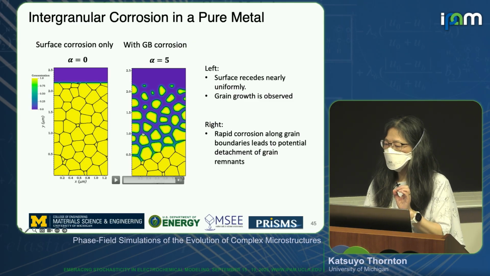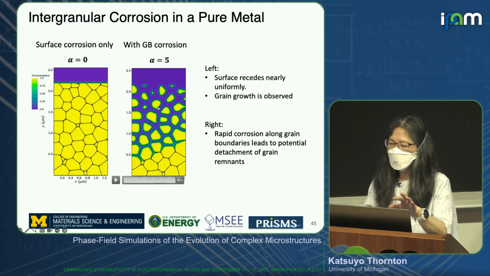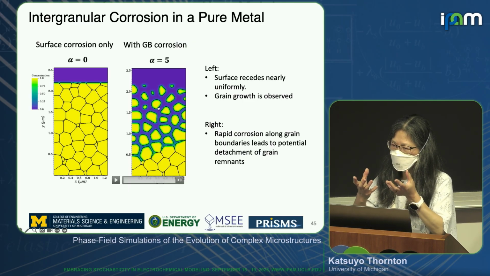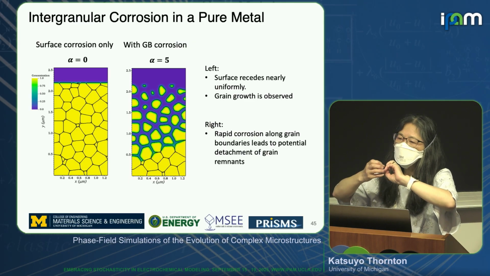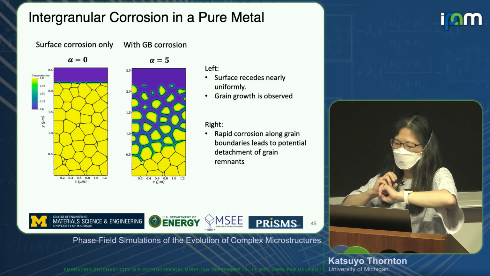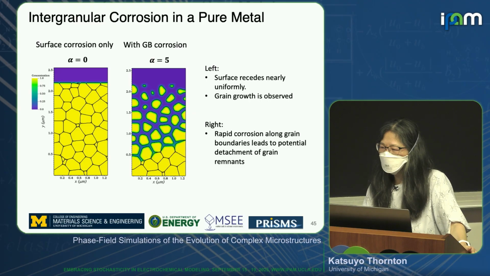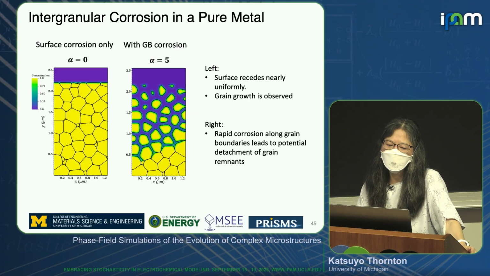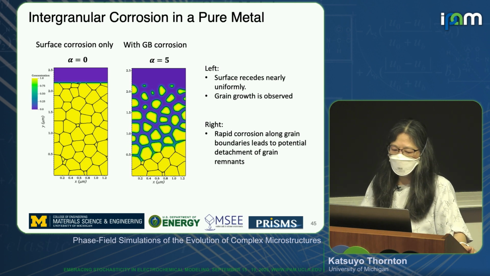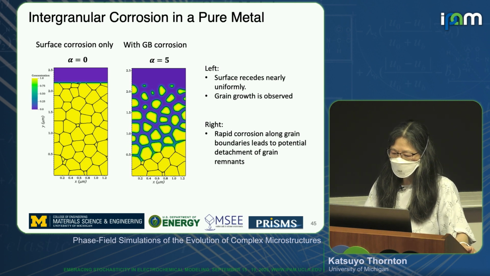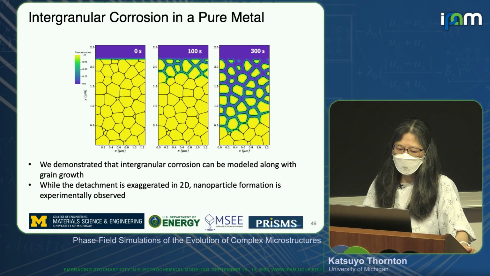One of the things that I observed in the experiment is nanoparticle formation, and this kind of grain boundary corrosion, grain boundary attack, can lead to grains falling out, which may explain those nanoparticle formations.